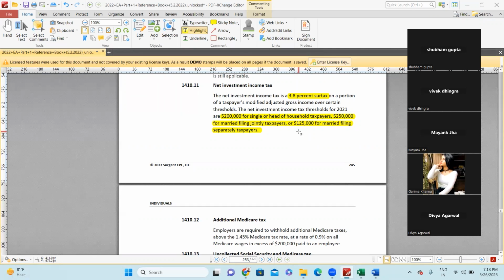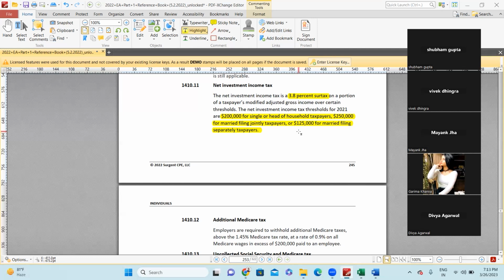If your interest or dividend income is more than $200,000 if you're filing as single or head of household, or $250,000 if you're filing jointly, or $125,000 if you're married filing separately, then you need to pay 3.8% extra tax.